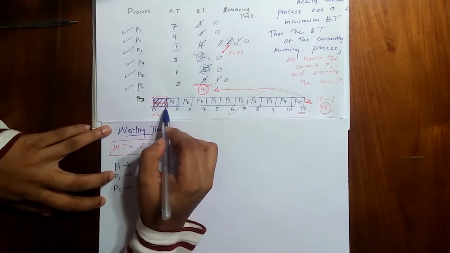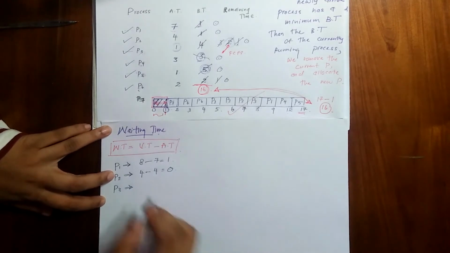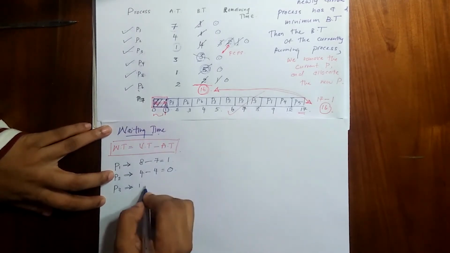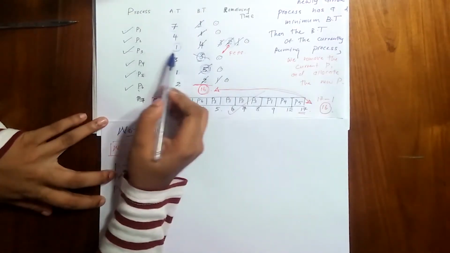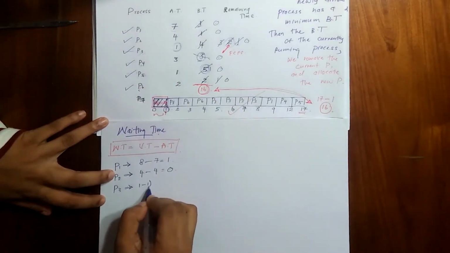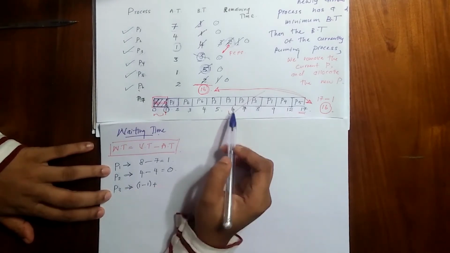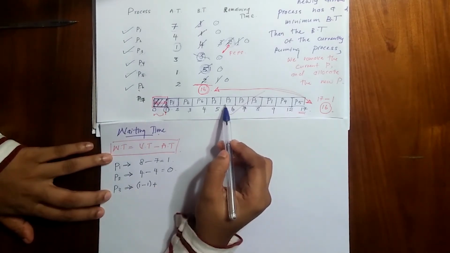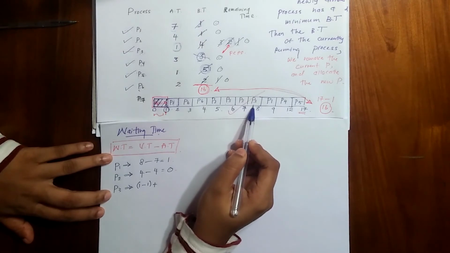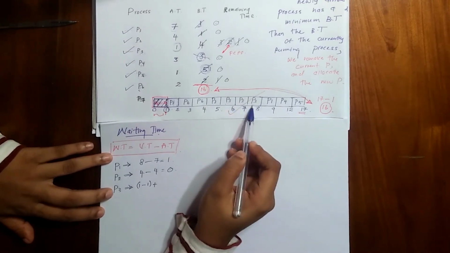The visiting time is 1, minus the arrival time, which is 1, right? And then we have to add the other waiting times of the other parts of P3 also.